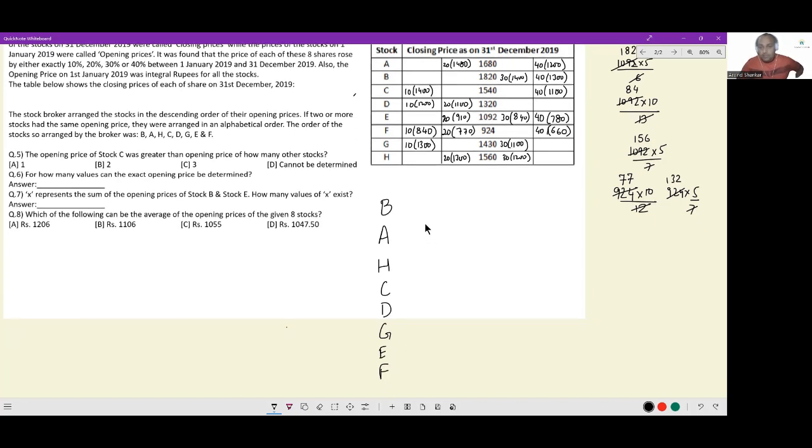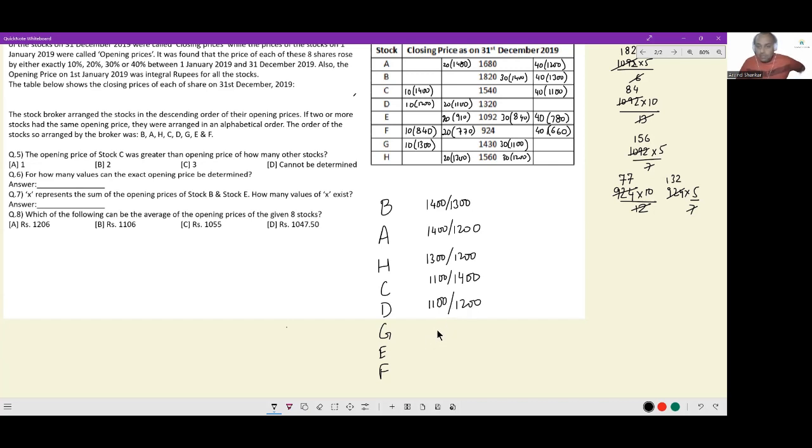Now for B, the potential prices are 1400 or 1300. For A, the initial potential prices are 1400 or 1200. For H, it is 1300 or 1200. For C, it is 1100 or 1400. For D, it is 1100 or 1200.